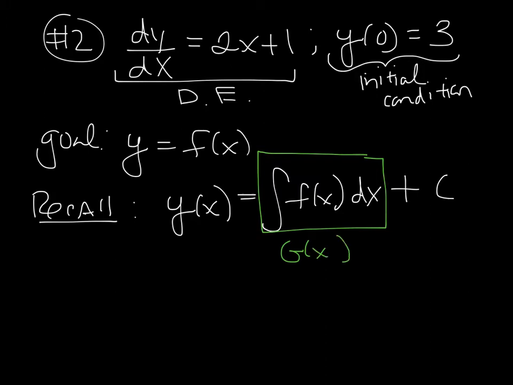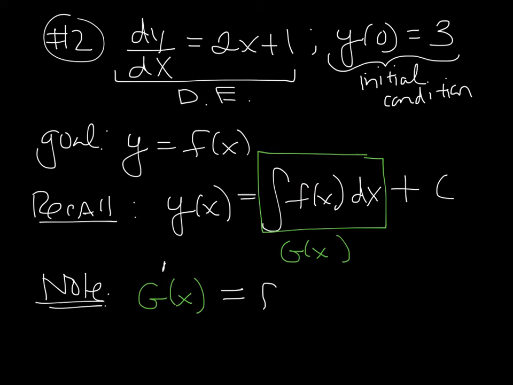And one thing I forgot to write in the introduction, I want to write it now before I forget: note that g of x, if I take the derivative of that, which I'm really taking the derivative of the integral, they're inverse functions, so you should get your original function back.